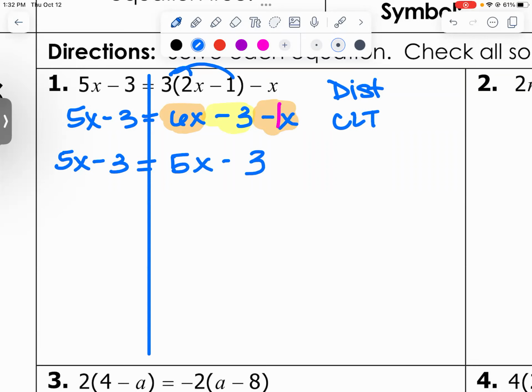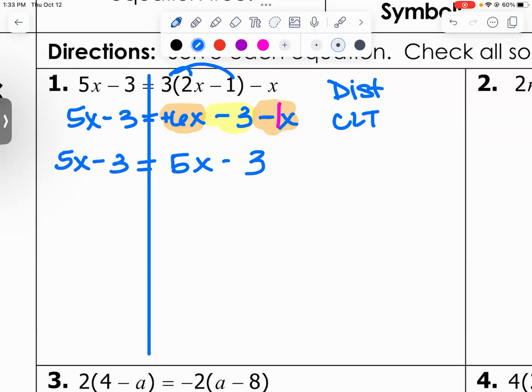This is a positive 6 minus 1, and 6 minus 1 is 5.